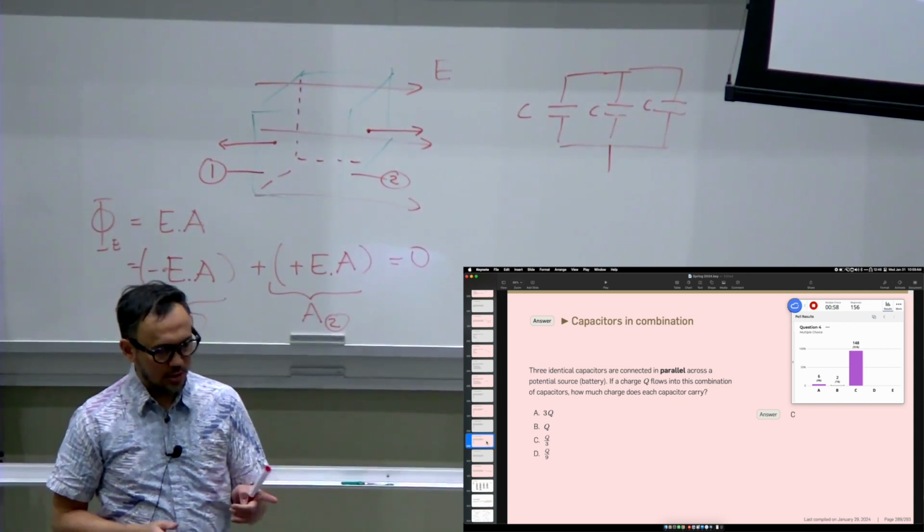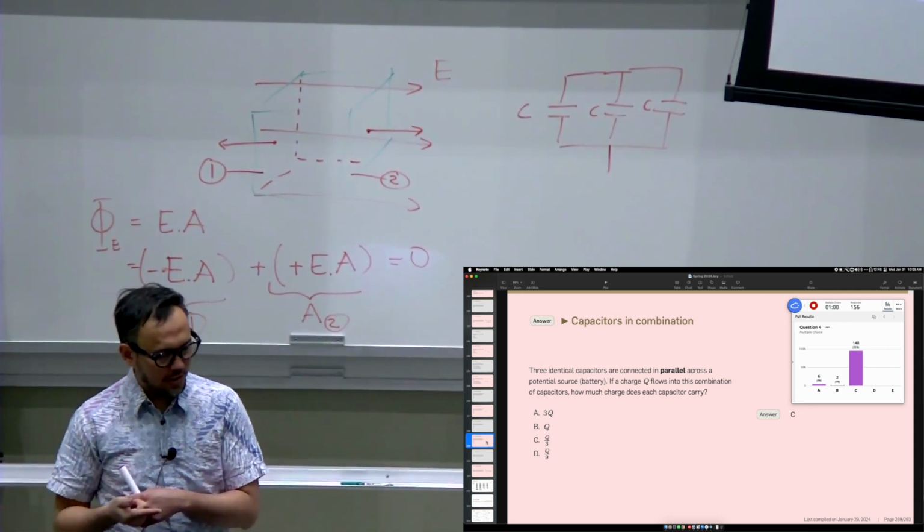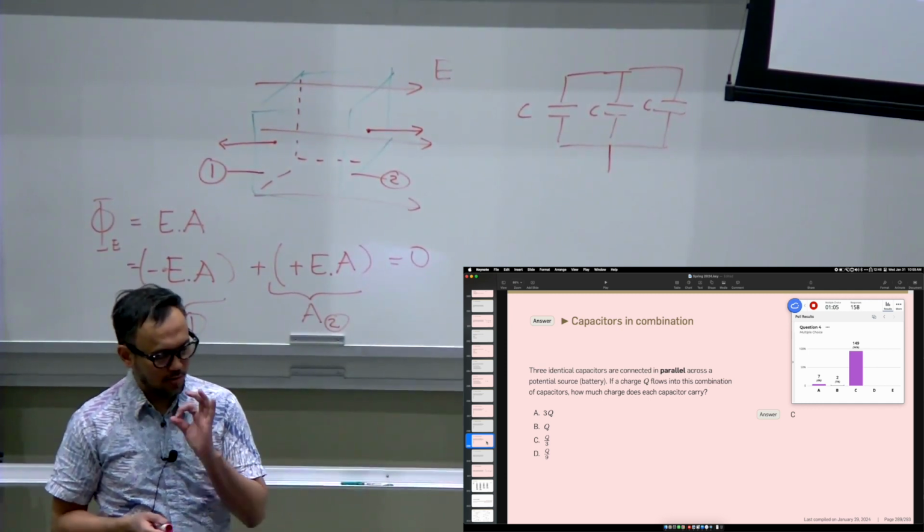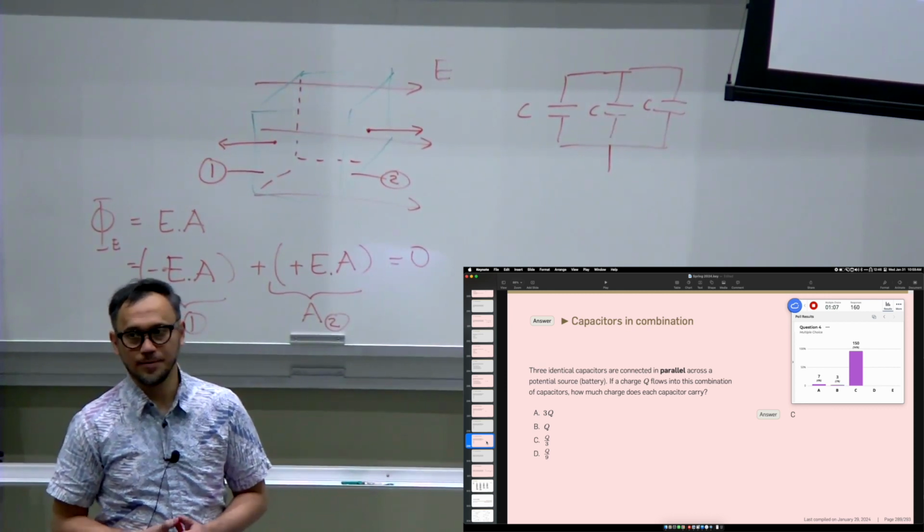Remember, the question is not about the equivalent capacitor, but about Q, the charge.